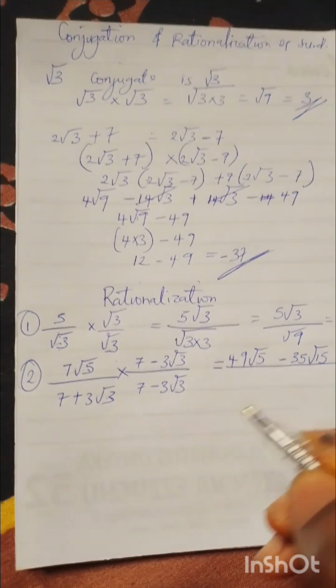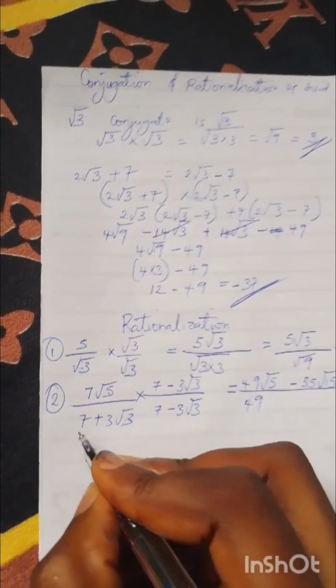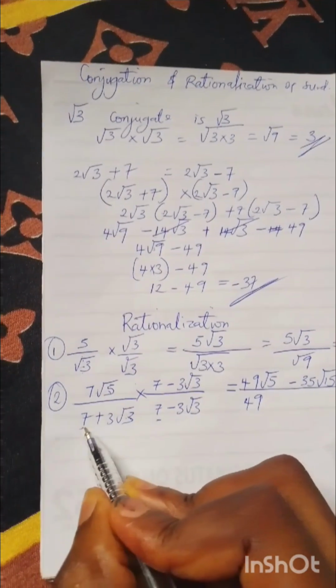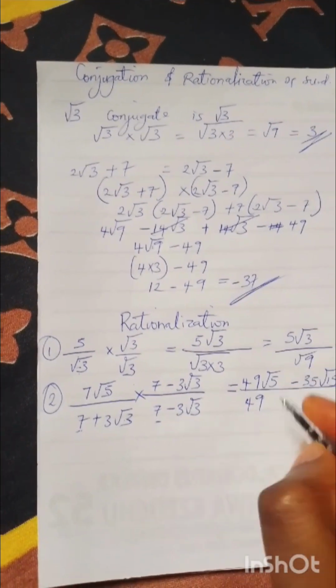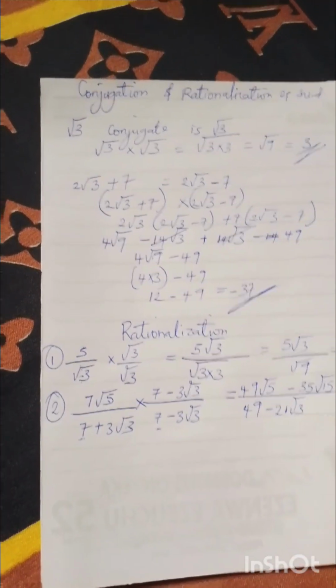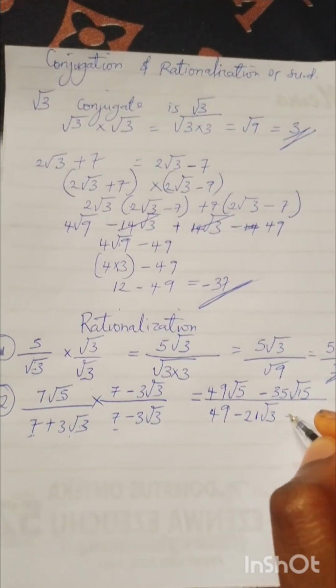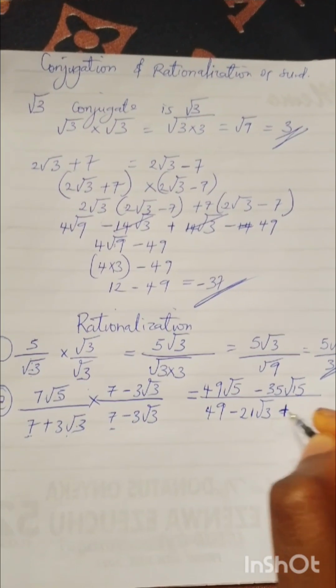7 times 7 is 49. That is this. Now 7 multiplied by minus root 3 is going to be giving me minus 21 root 3. Plus 3 root 3 multiplied by 7 is going to be giving me plus 21 root 3.